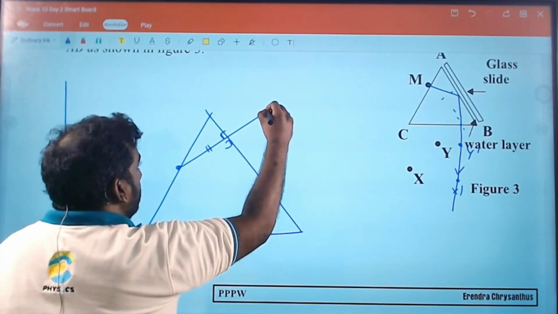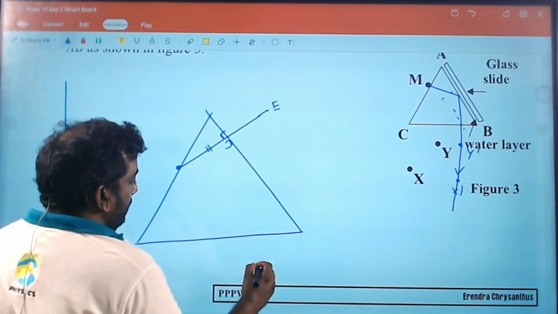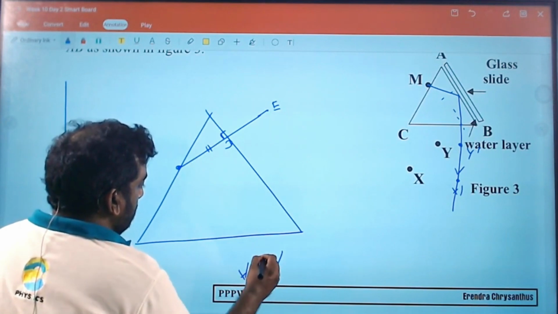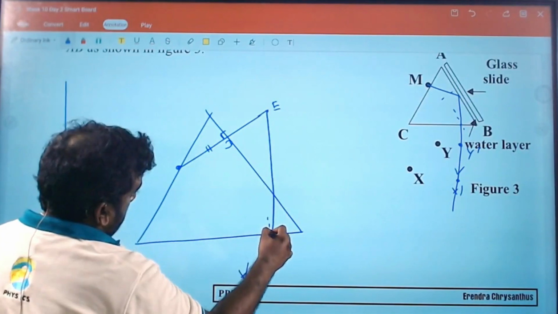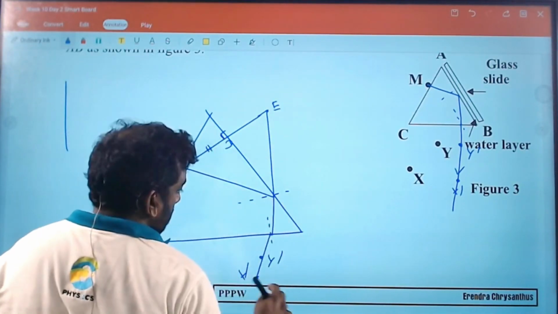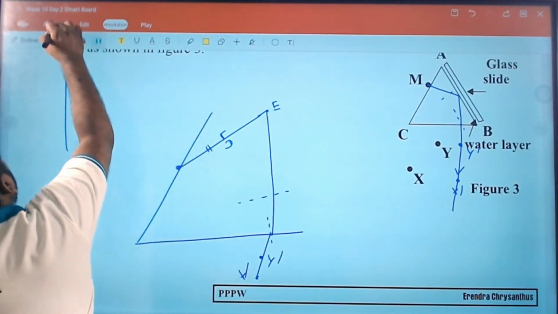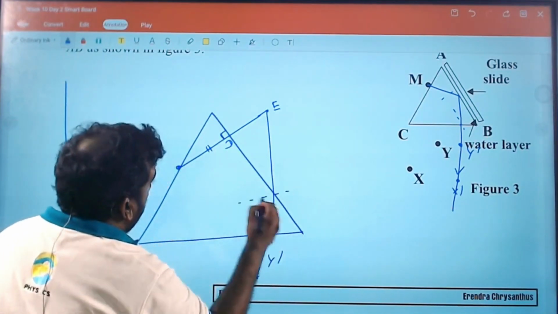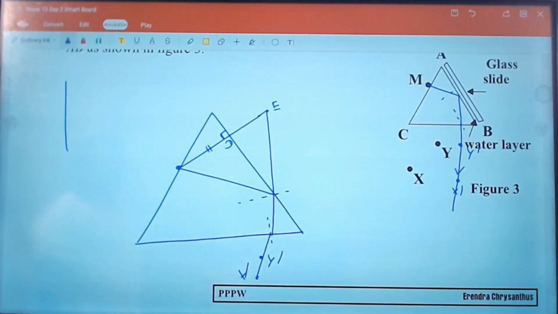The image is just about to disappear. X dash, Y dash. There you go.